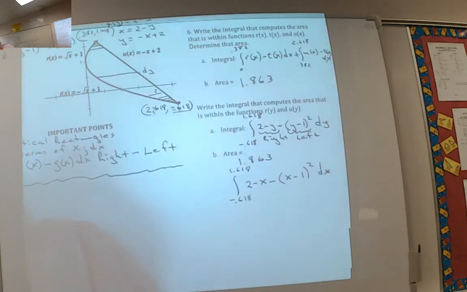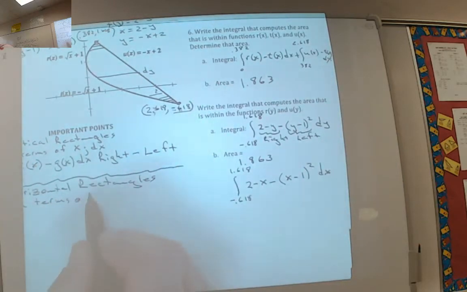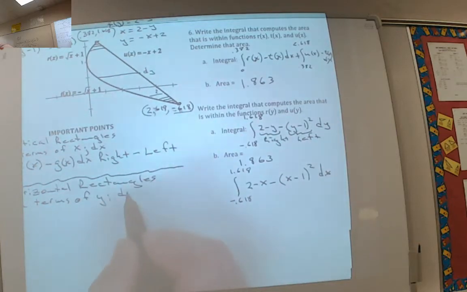If you have horizontal rectangles, you're going to be in terms of y. In other words, it's dy thick, and it's going to look like this.